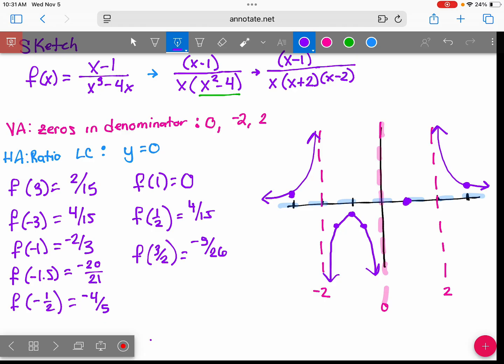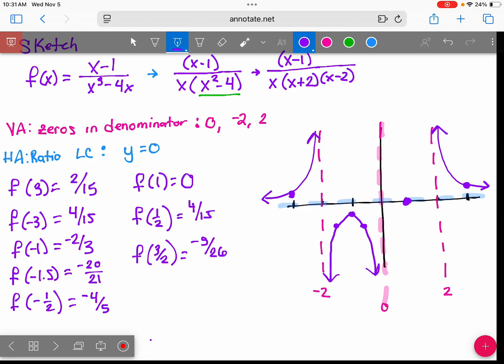Negative 14 for which one? 3/2. For 3/2, you got negative 4/21. Okay, let me double check this real quick. Just because sometimes I just can't read my own handwriting.